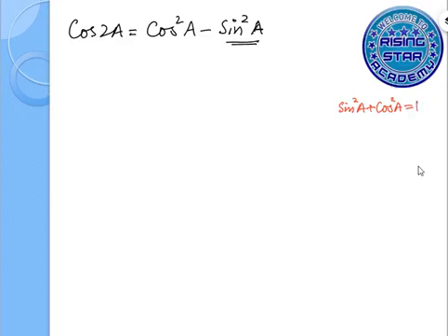So if I want to make sine square A the subject, that would become 1 minus cos square A. Now I will replace the sine square A with 1 minus cos square of A.